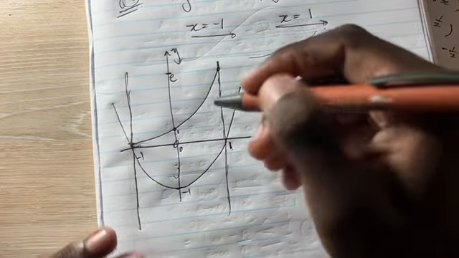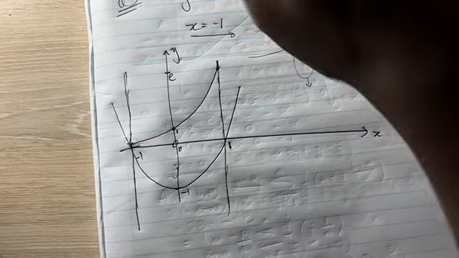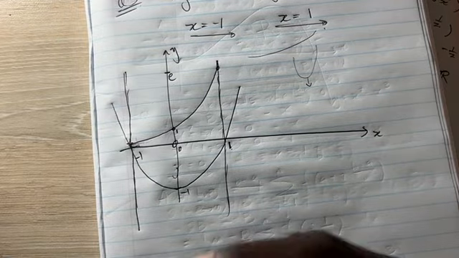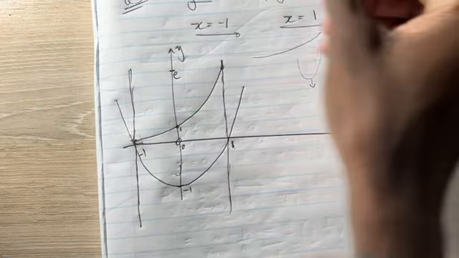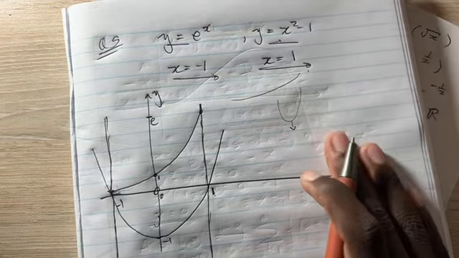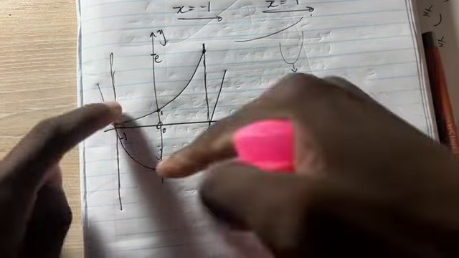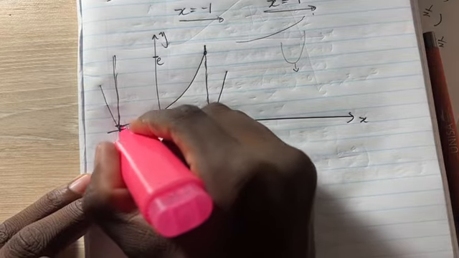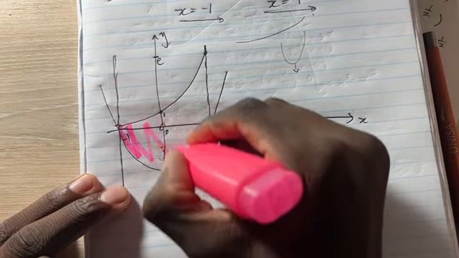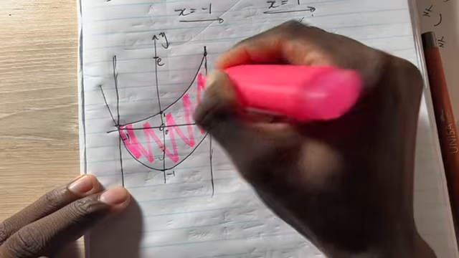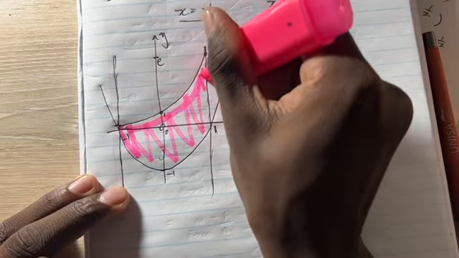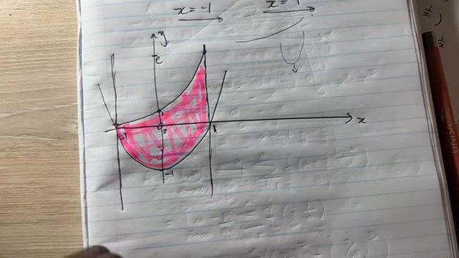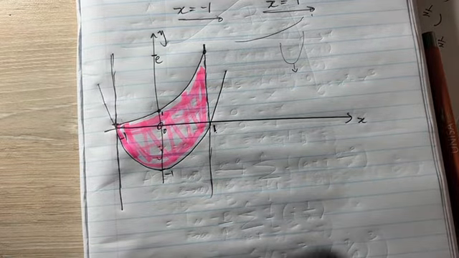So it's something like this. The question says, find the area enclosed by the curves. The curves enclose this area. Okay, so that's the area you have to find.